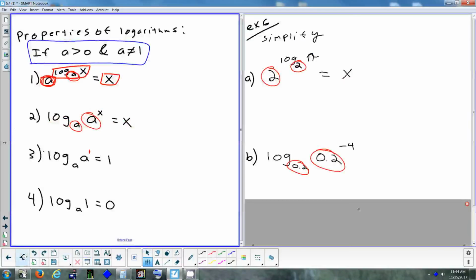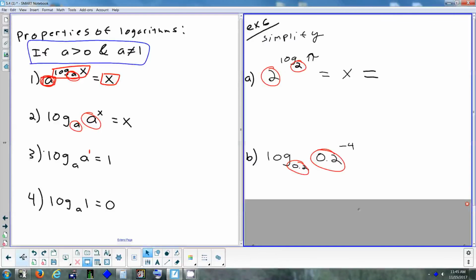All right, let's start with 6a. Ezekiel, do you see what property 6a matches up with? Yep, that's an example of 1 where a is 2 and x, in this case, is pi. So if you apply rule 1 to that problem, what do you get for the answer?